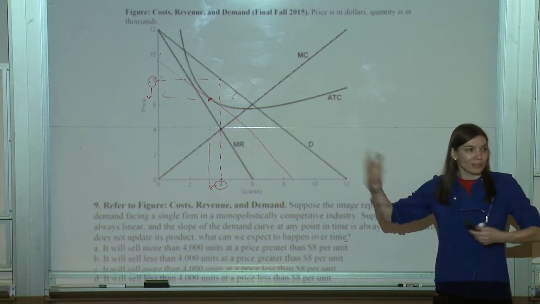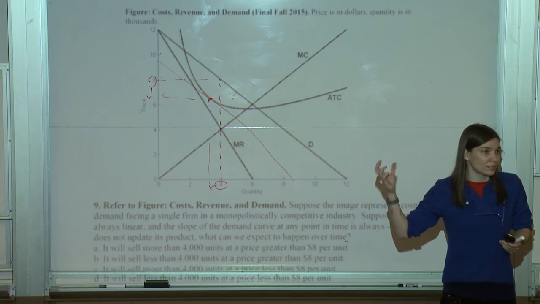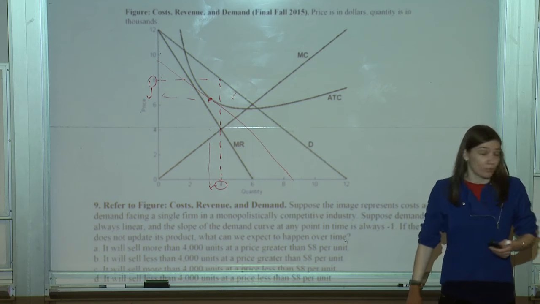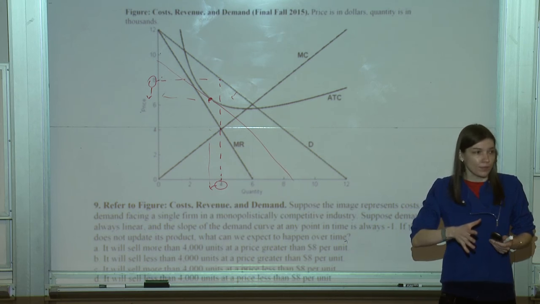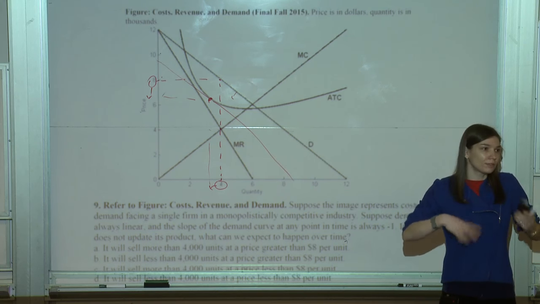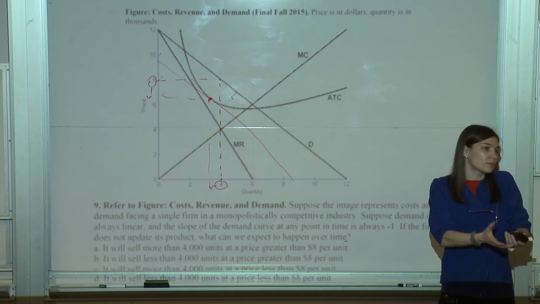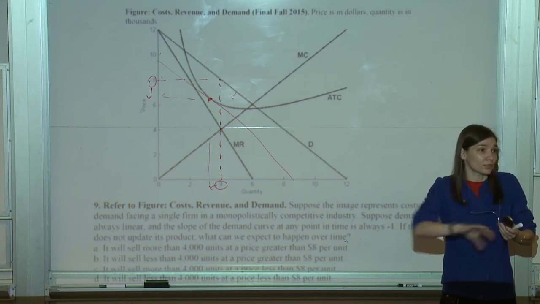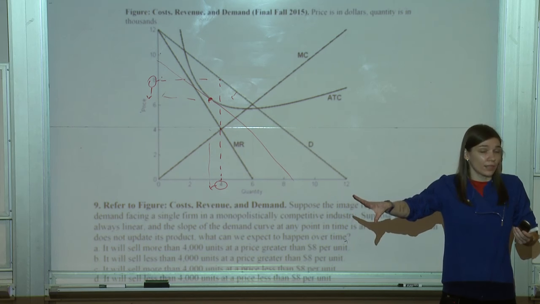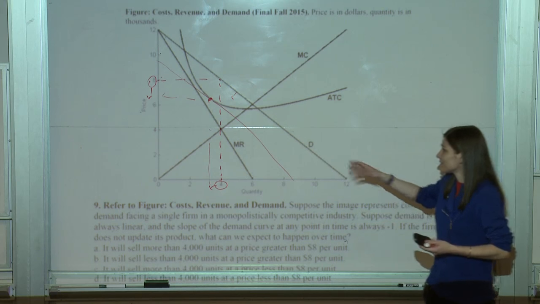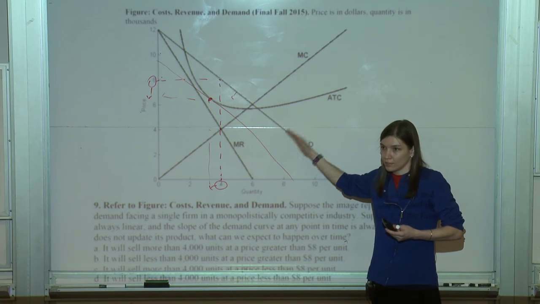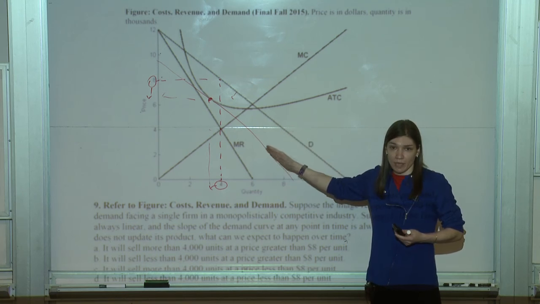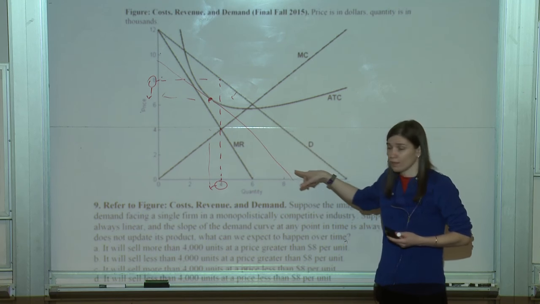That's why the monopolist in the long run can sustain that positive profit. In this case, we allow entry. Other firms enter this industry, and because the products are a bit differentiated, some of my customers are going to go to that other firm. That takes away my customers, which shifts my demand to the left. It decreases the demand that I face.